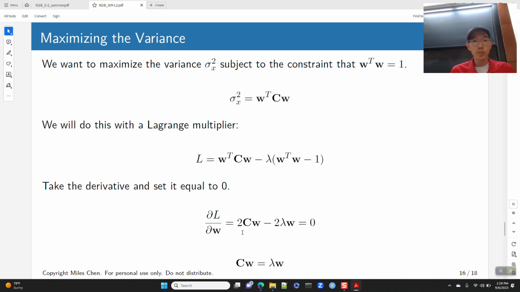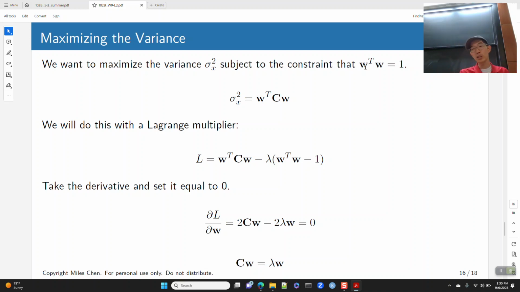So we have a constraint, okay? We want to maximize this variance, which is found by doing w transpose C times w, but we have the constraint that w transpose w has to equal 1. Otherwise, I could just make my w values infinity, and that's going to make this a really big value.